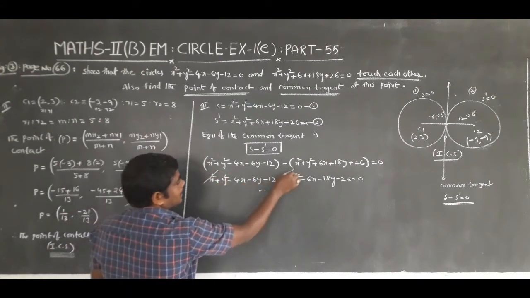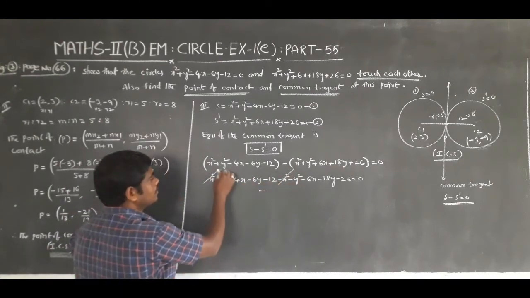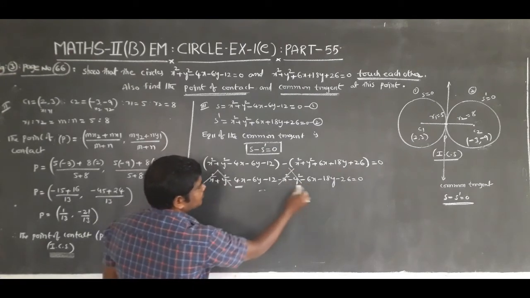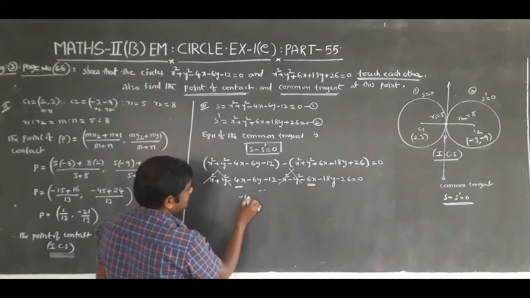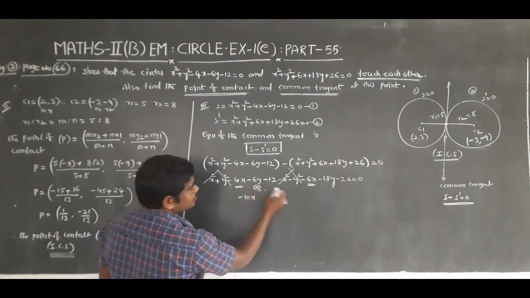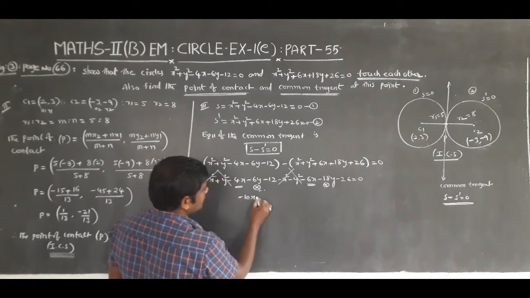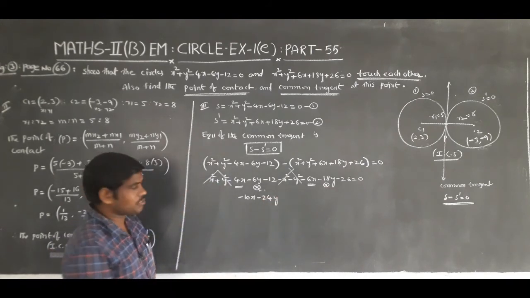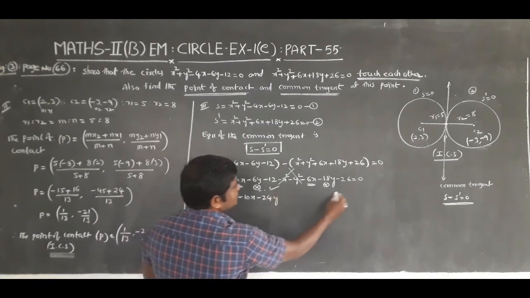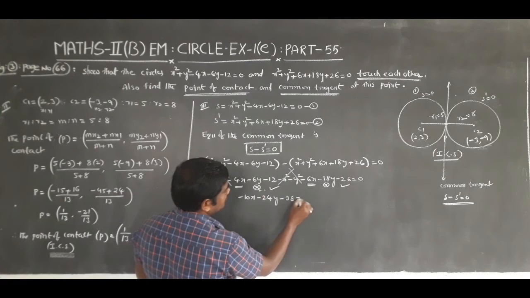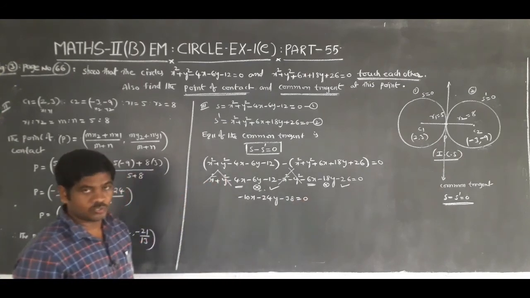x square gets cancelled, y square cancelled. Minus 4x minus 6x is minus 10x, minus 6y minus 18y is minus 24y, minus 12 minus 26 is minus 38, is equal to 0.